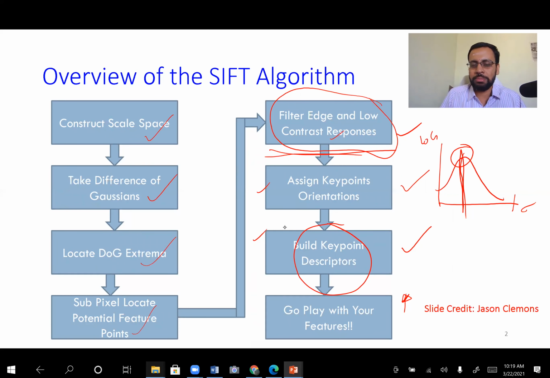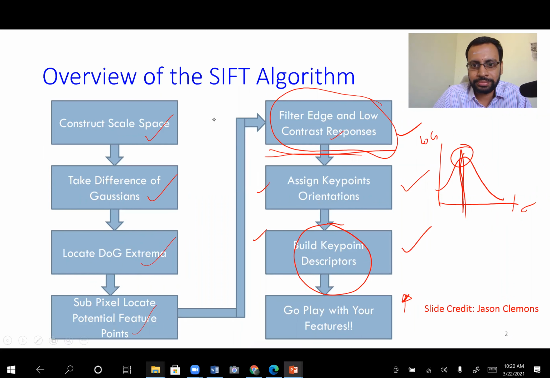If I'm not wrong, you are dividing it into 4 cross 4 regions, and for each region, if you still remember, you are taking 8 directions. From that, each key point is described as a 1 by 128 dimensional vector. So later, while comparing these key points, one simple thing you could look at is the difference between the two key points. We are done with it. If you have any questions, let's look into them now.